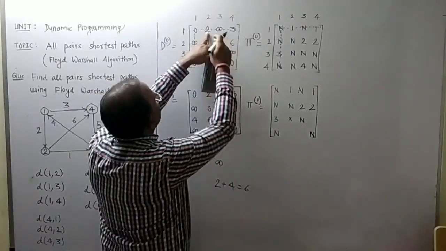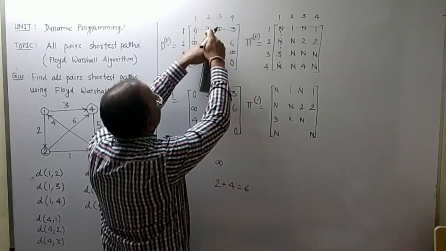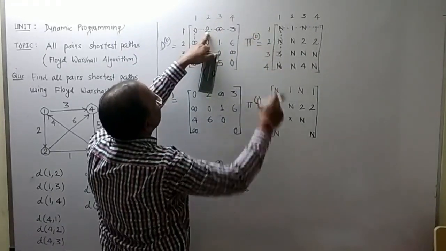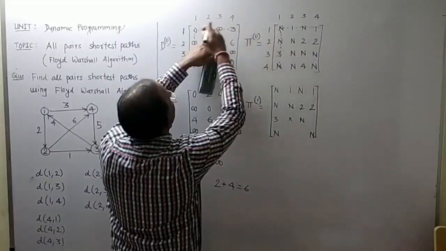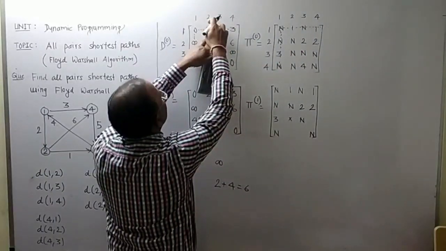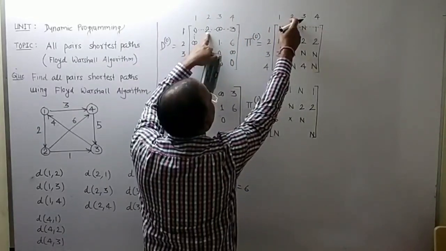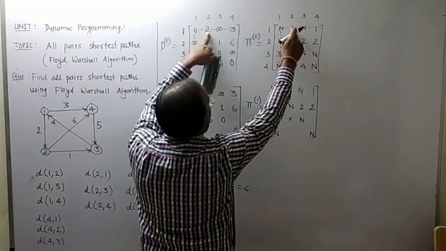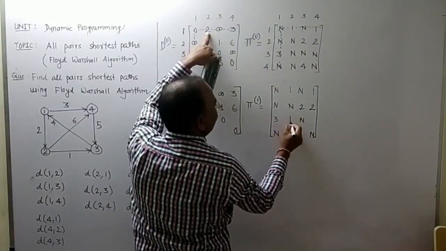Now see the place in the pi 0. Same place in the pi 0, and find out which value is there. Now this is the pi 0 matrix and the place is 1 to 2. Go to the same place 1 to 2 and see which value is there. Now here is the 1. It means that at this place there will be 1.